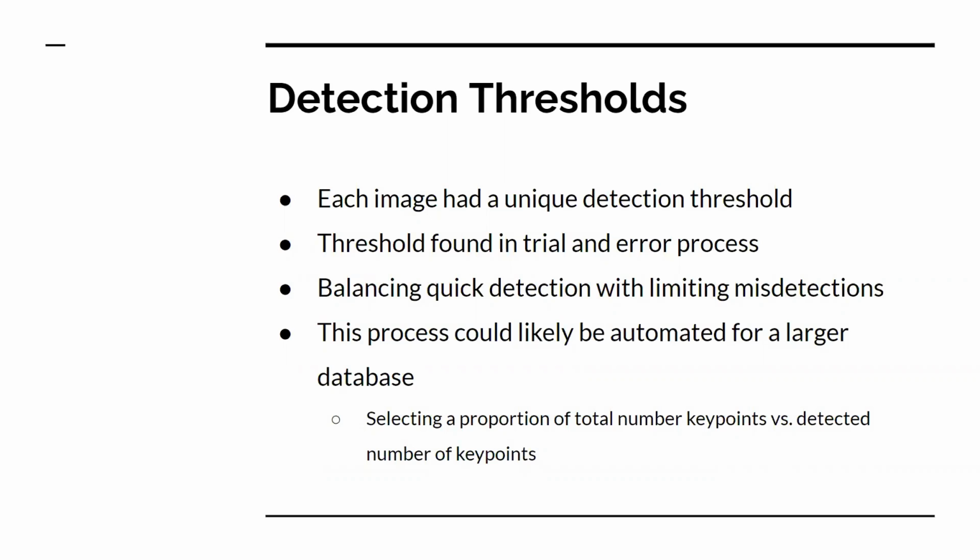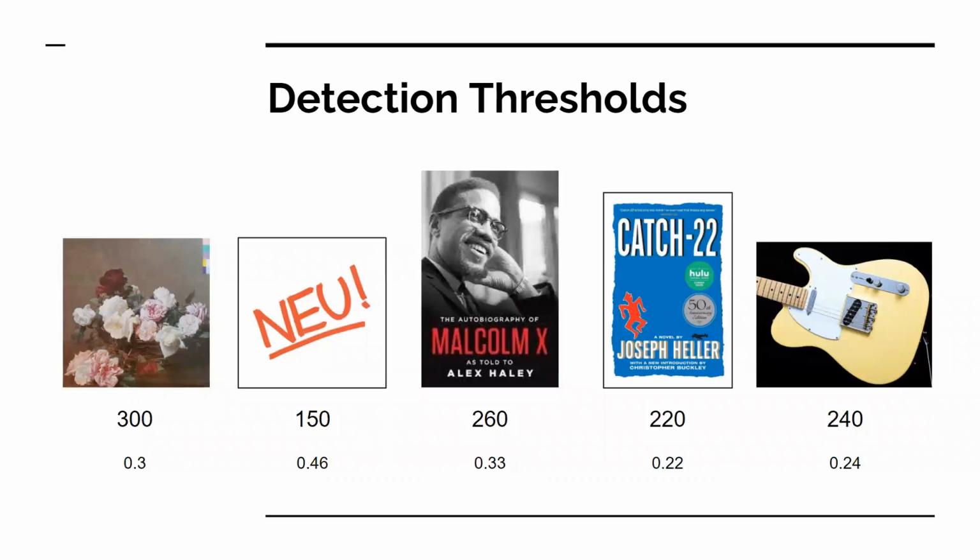And then I noticed there's some sort of pattern with this threshold I'll show in the next slide, that this could probably be an automated process because it would not be reasonable to have a manual calibration for a database of Amazon's products and stuff like that. So here you can see the thresholds I calibrated for these objects.